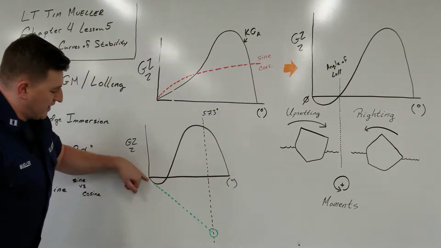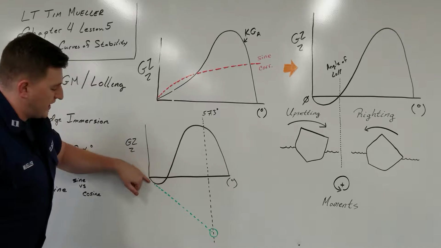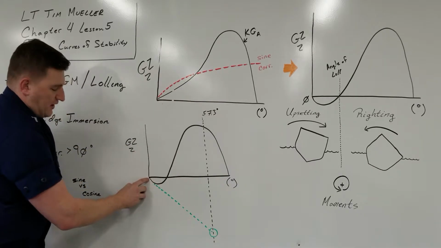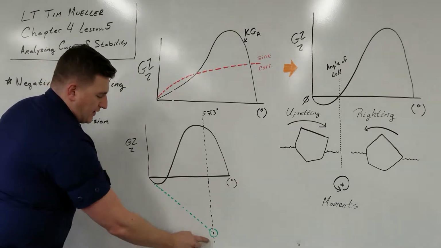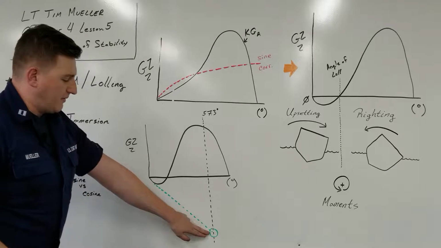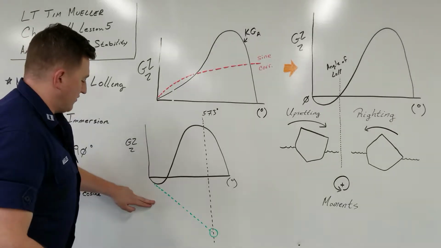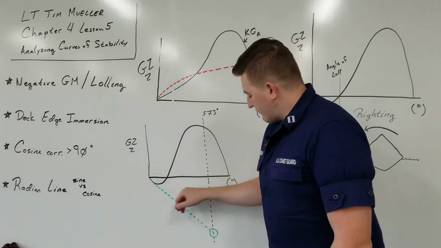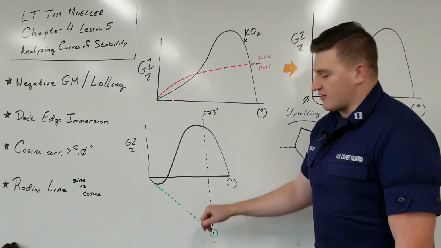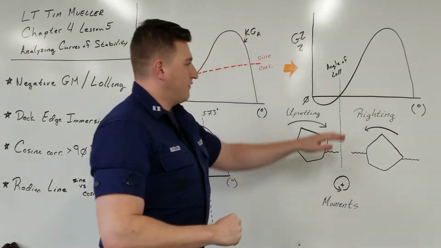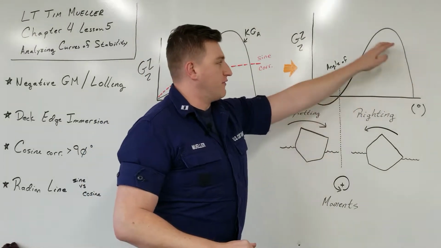Then if we linearize right along that 0, so just take that line, how it acts from 0 to 1 to 2 degrees, and just carry that all the way out, it's still going to hit that 57.3 line, but this time its value is going to be below 0, which means it's going to have a negative GM. That value directly tells us what's going on, or that's the initial stability for a ship that has an overall curve like this.